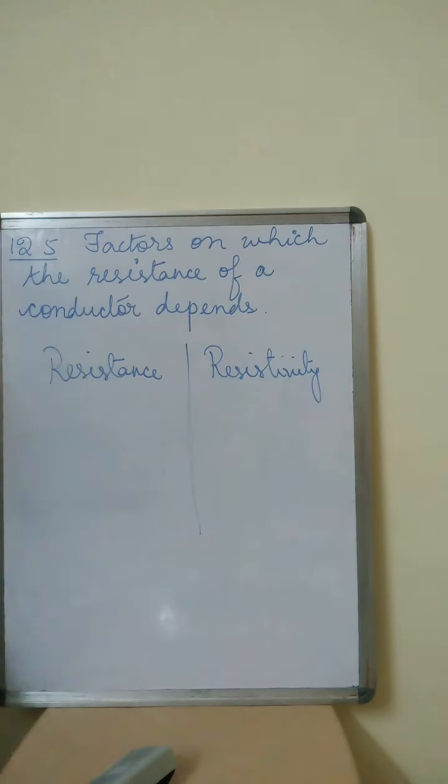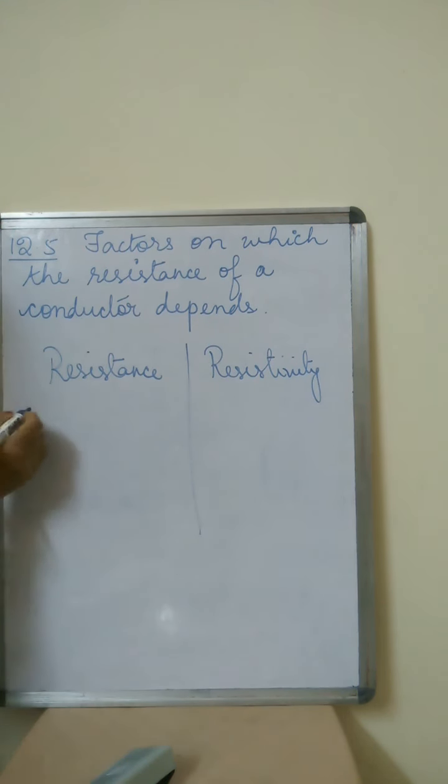So what is the difference between them? The resistance of a conductor is the obstruction offered by the conductor to the flow of current through it. Both are obstructions only.